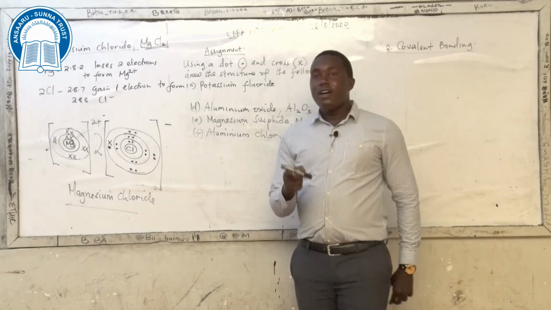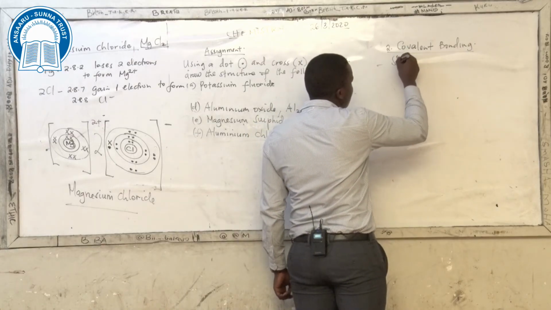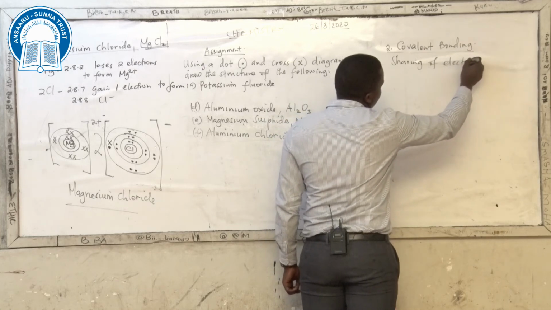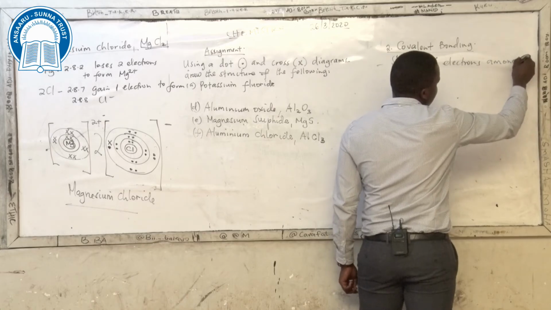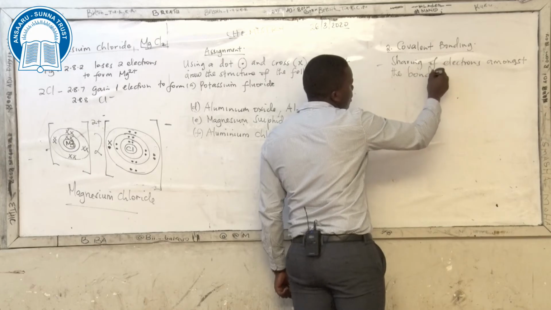Then a covalent bond arises. So this one involves sharing of electrons amongst the bonding atoms.